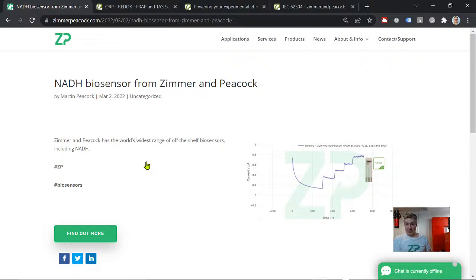dehydrogenases, and this week our team were able to test dehydrogenases. I think we were testing them at 200, 400, 600, 800 micromolar. Now for ZP, micromolar is quite a high concentration. One of the highest concentrations we measure is millimolar, often in glucose.